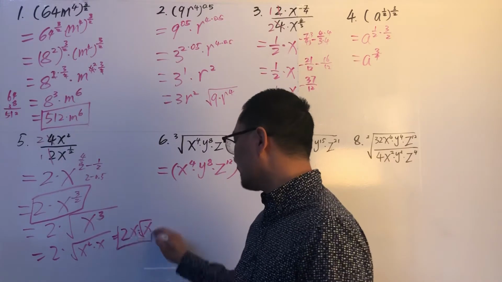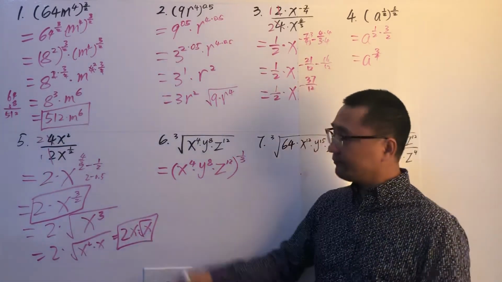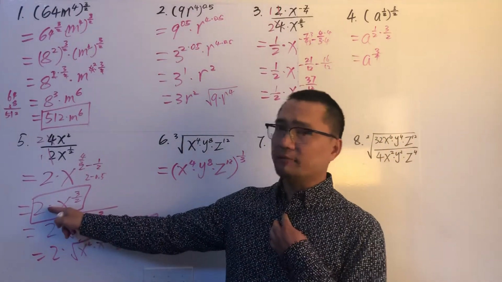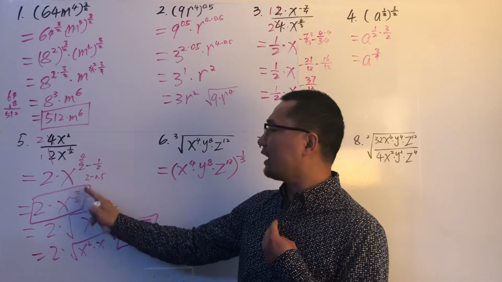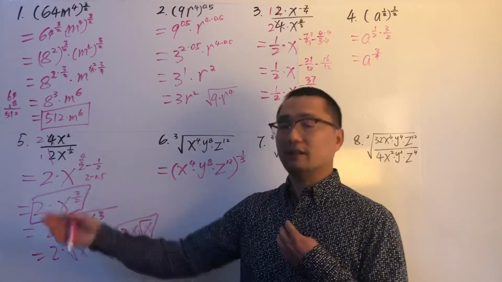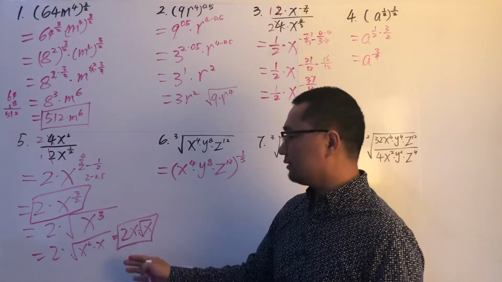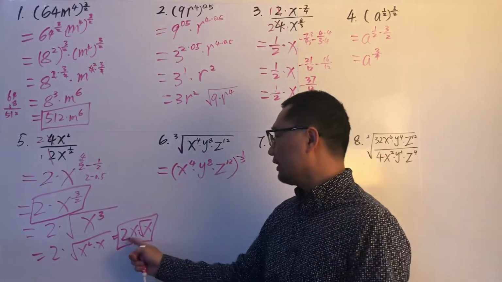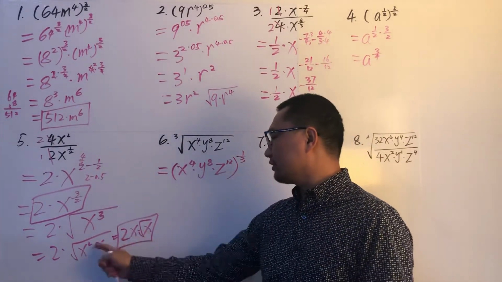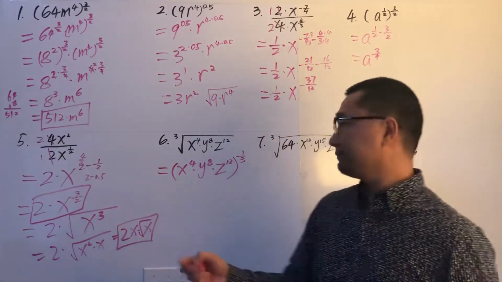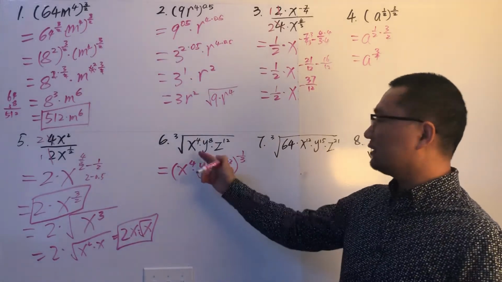Now also this one is a final answer. If you write it this way, it's fine for me, because in math you can use the fraction exponent as a final answer. It's good. And if you want to do one more step, you can take out the x from the square root, and then rewrite it as x times square root x. Same thing.